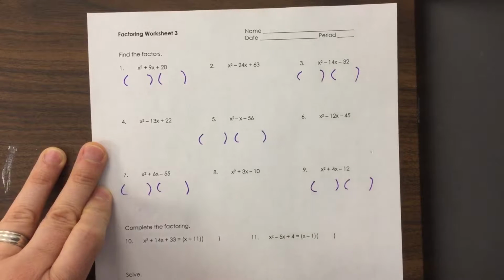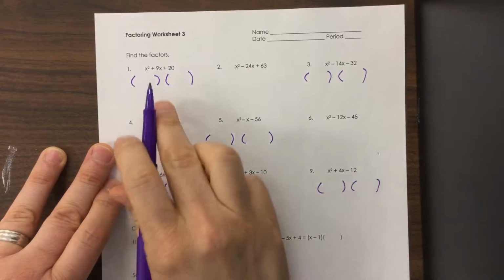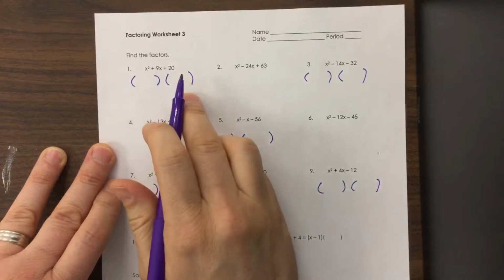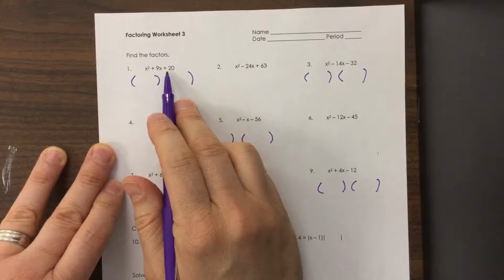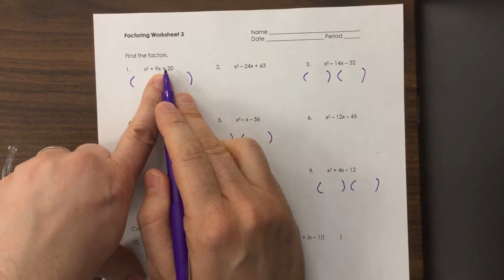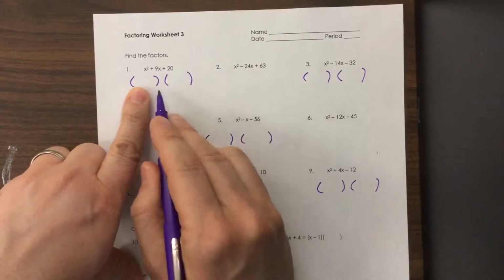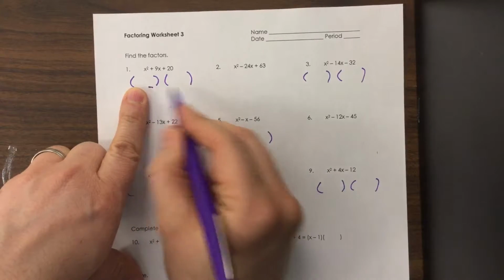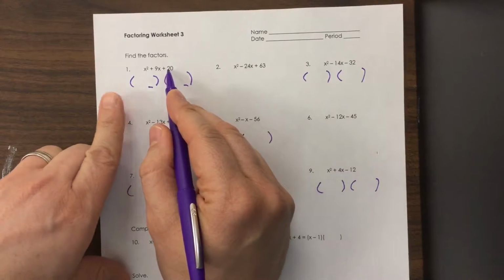Next, I want to demonstrate how you can actually figure out the signs that are going to be in your answer by looking at the signs in your problem. If your last sign is a positive, remember, we're multiplying these last terms to get the last term here. There's only two ways to get a positive number with multiplication.